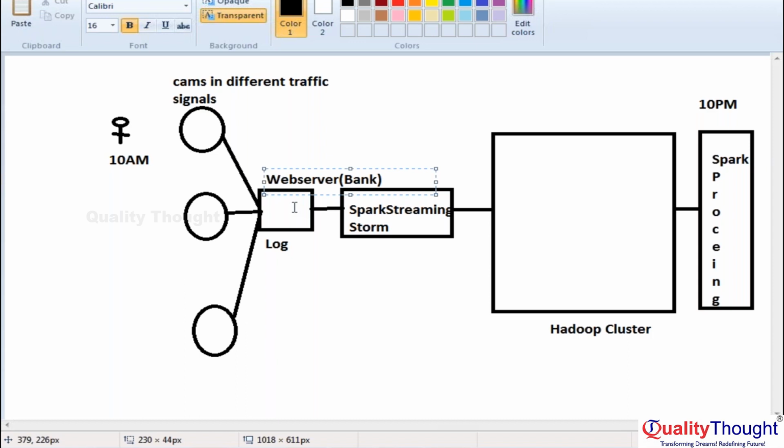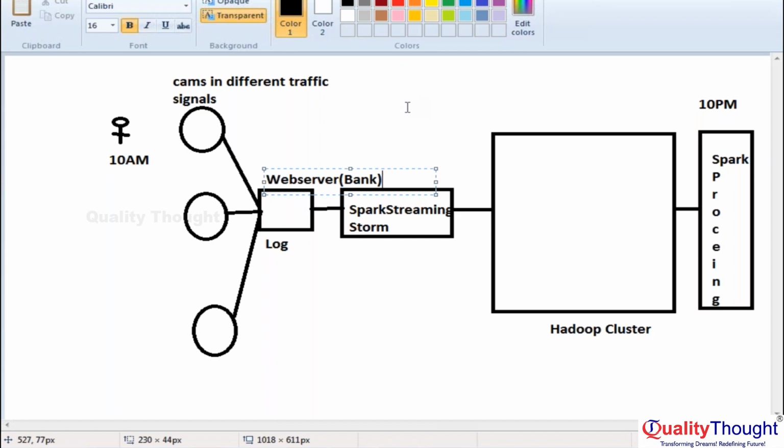Every time he is booking tickets from Abibus, we provide this information to Redbus, and then Redbus may provide some discount information to this person. So this batch analytics helps to take decisions at the end of the day, end of the week, end of the month, end of the year.